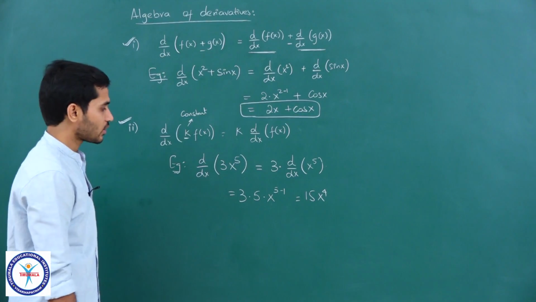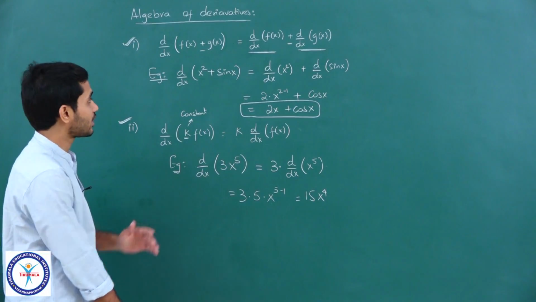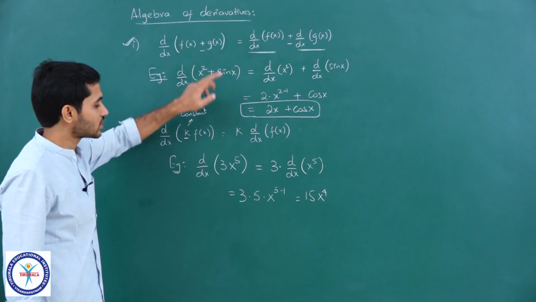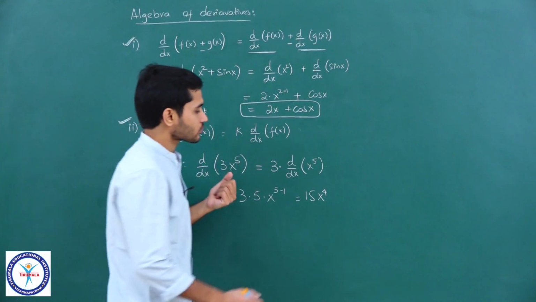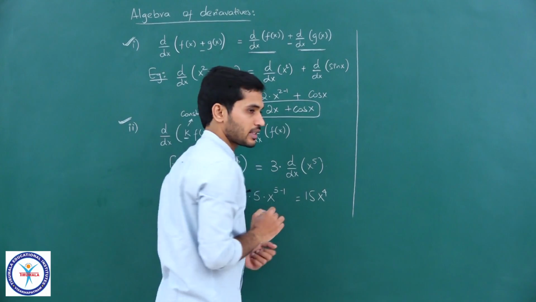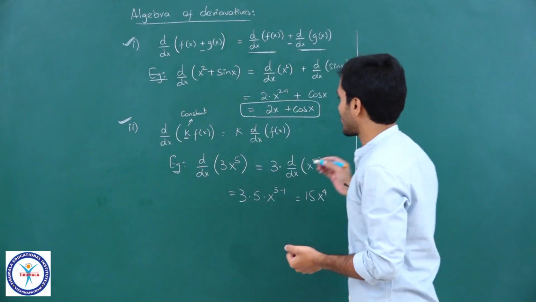So, that is how we find the derivatives whenever we have a sum of two functions or when a function is multiplied with a constant. Let us take an example based on this. Let us discuss one example.